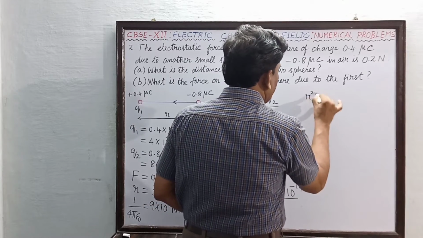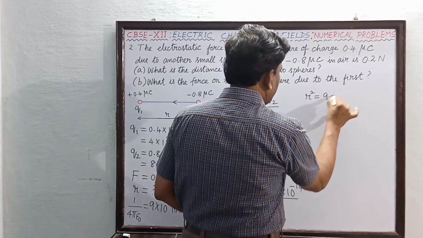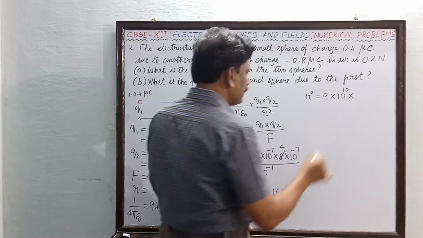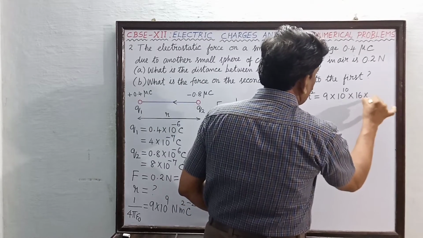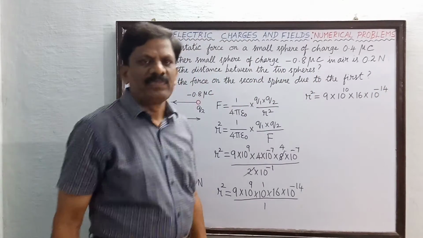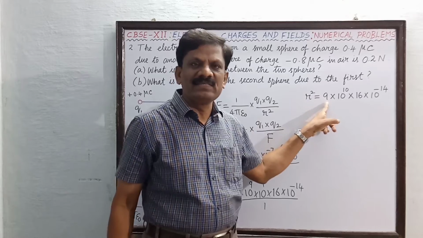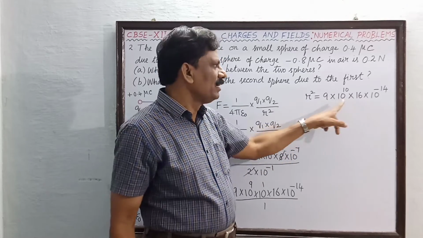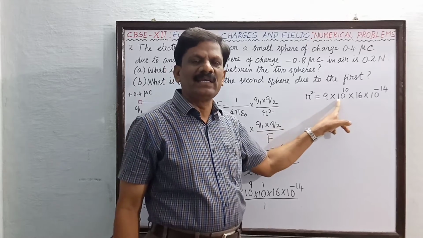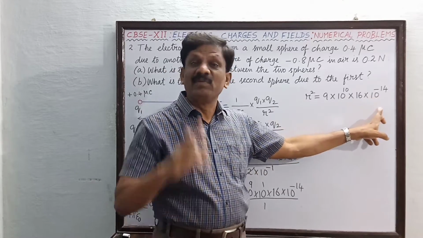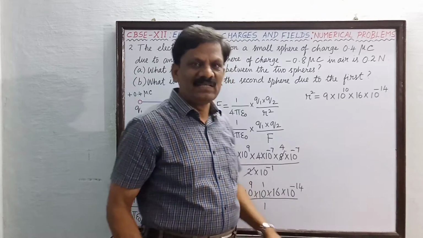Now R square will be equal to 9 into 10 power 10 into 16 into 10 to the power of minus 14. Now you can see that 9 also is a square number, 16 also is 4 square, a square number, 10 power 10 also is 10 power 5 into 10 power 5, and 10 power minus 14 is 10 power minus 7 into 10 power minus 7.